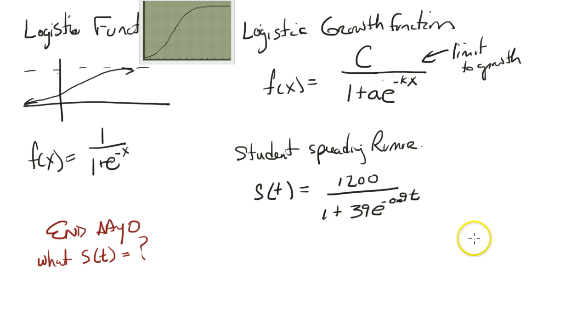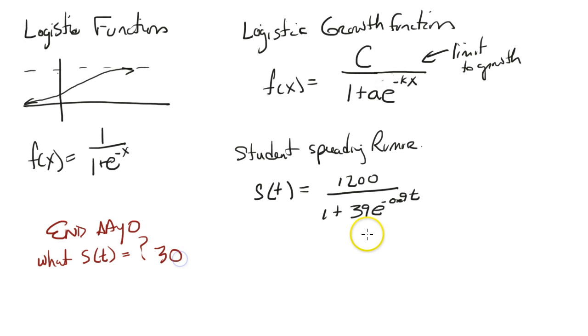So how many people at the end of day 0? Well, go to the table, go to 0, and we will see that there are 30 people. There's another way to do it. I could have just put in a 0 here. So this would have been 1200 over 1 plus, well, if this is a 0, that means e to the 0 is 1. That's 1 plus 39. 1200 over 40 is 30.